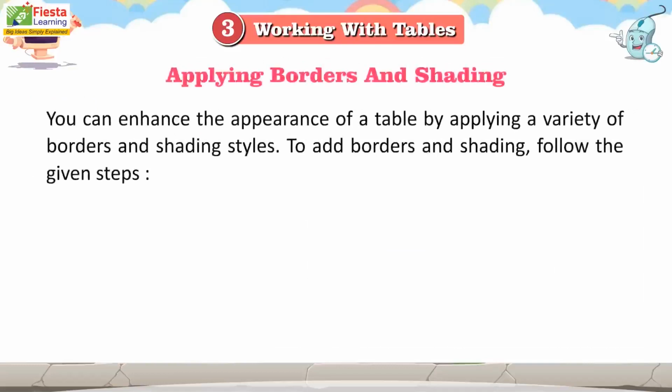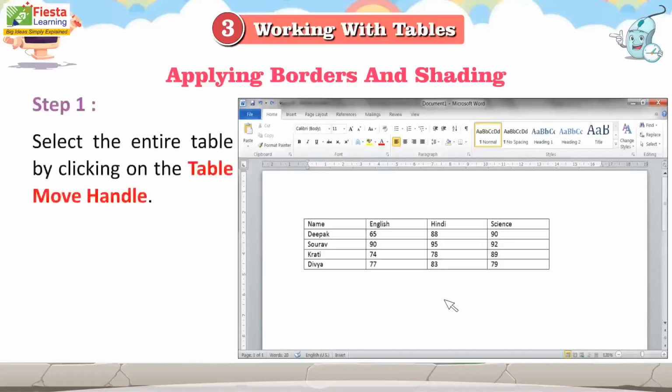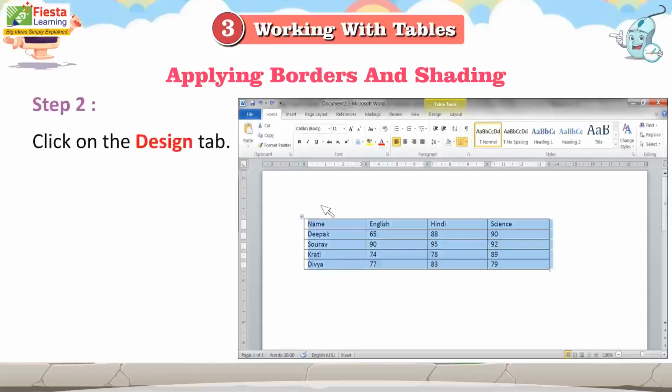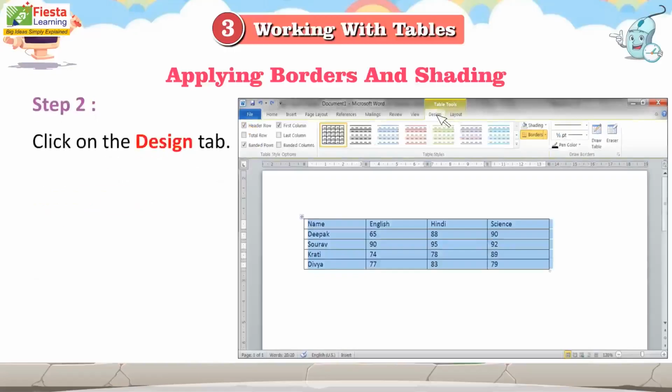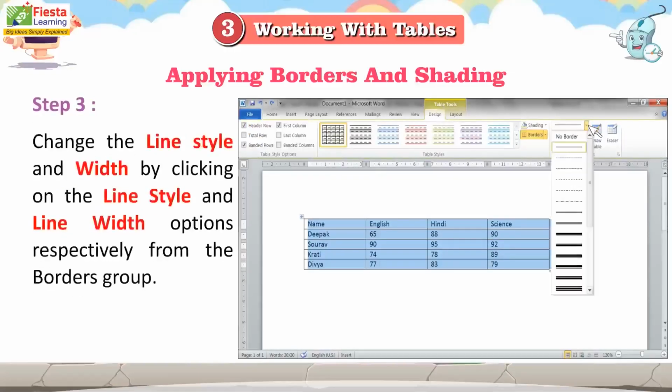Applying borders and shading. You can enhance the appearance of a table by applying a variety of borders and shading styles. To add borders and shading, follow the given steps. Select the entire table by clicking on the Table Move handle. Click on the Design tab. Change the line style and width by clicking on the line style and line width options respectively from the Borders group.